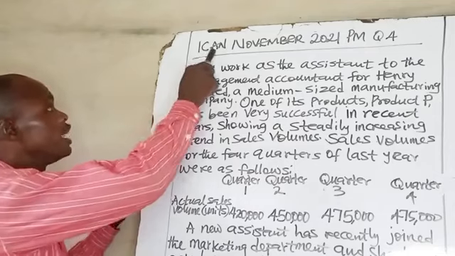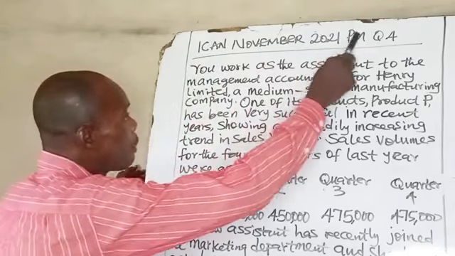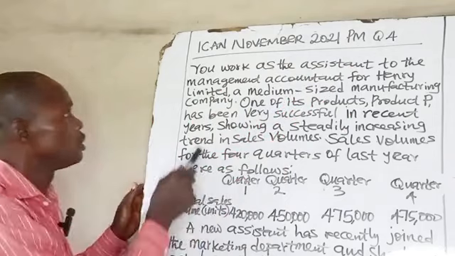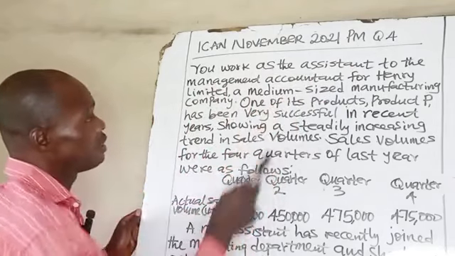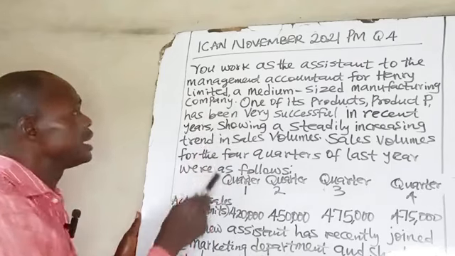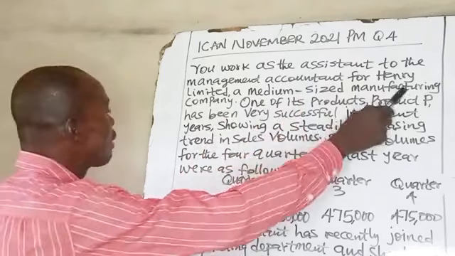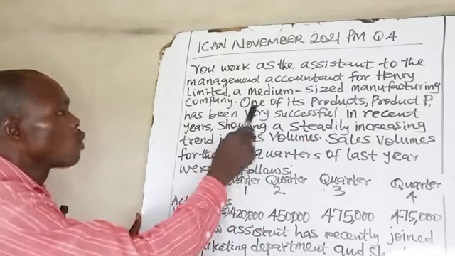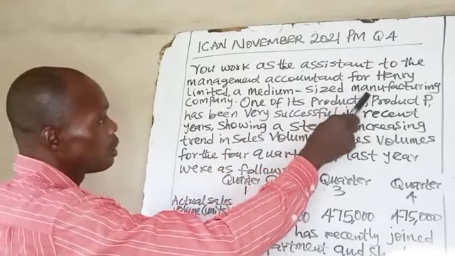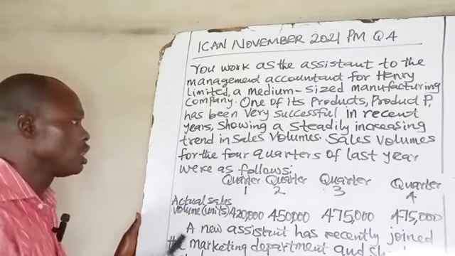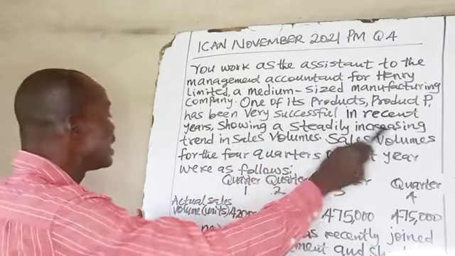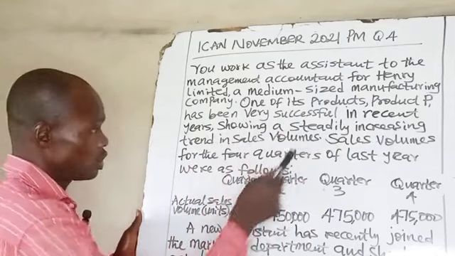This question is obtained from ICAN November 2021 Performance Management question number 4. You work as the assistant to the management accountant for Herring Limited, a medium-sized manufacturing company. One of its products, product P, has been very successful in recent years, showing a steadily increasing trend in sales volumes.